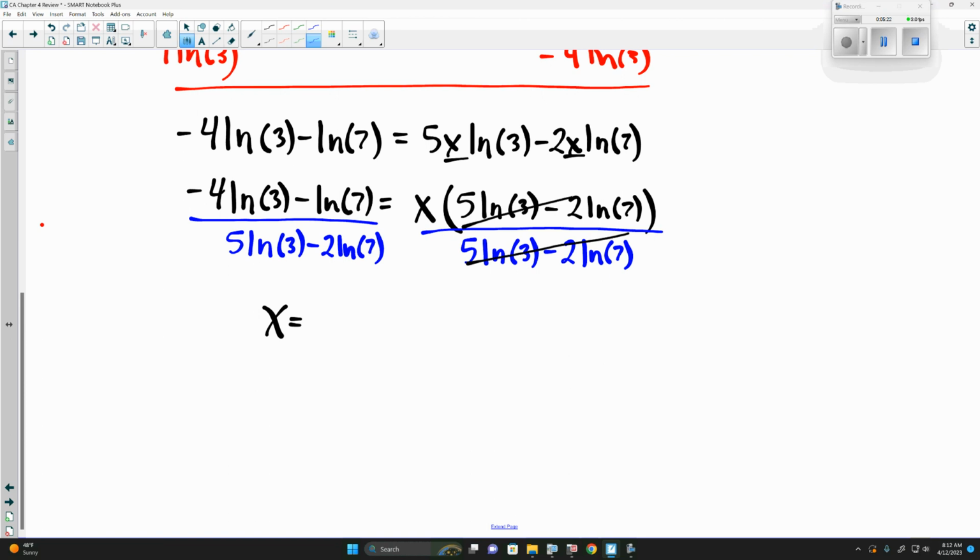Because these here will cancel, telling us x is equal to negative 4 ln of 3 minus ln of 7 over 5 ln of 3 minus 2 ln of 7.